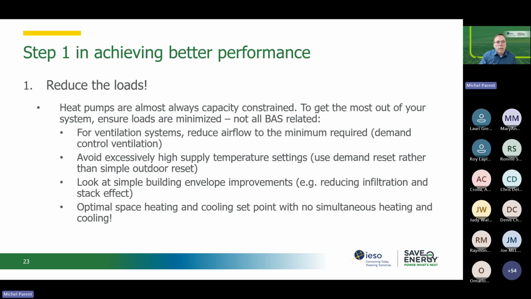What will be really important, even more than the ventilation system, is avoiding excessively high temperature settings. So you don't want to have excessively high space temperature, or excessively high supply temperature for your hydronic loop, for example, because the heat pumps, not only are they capacity constrained, they are also temperature constrained.